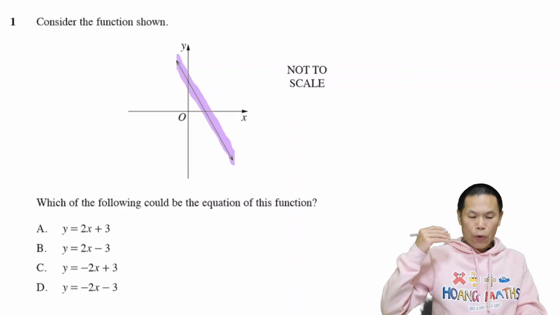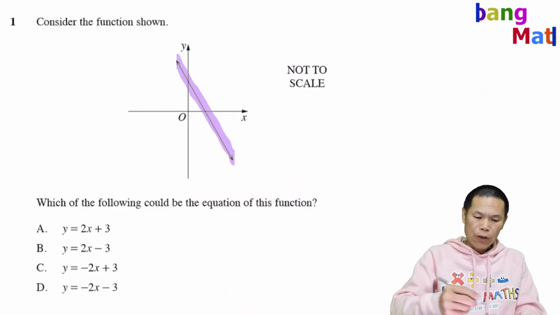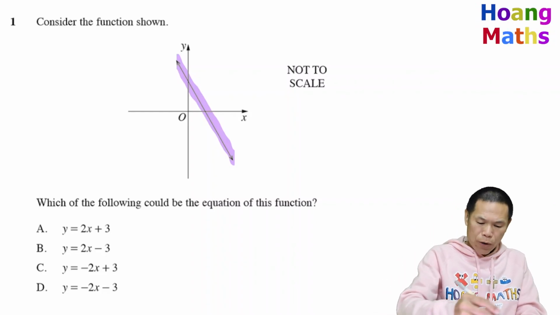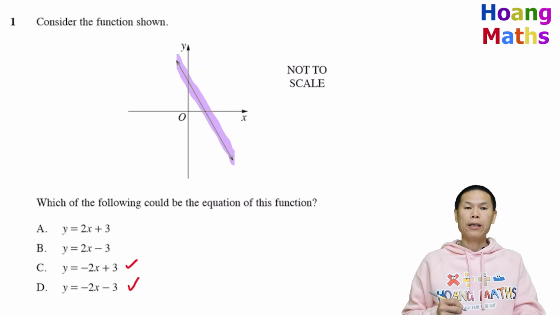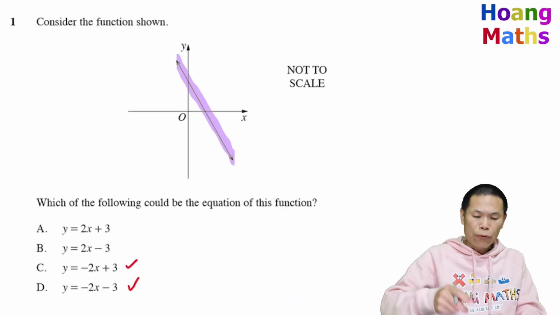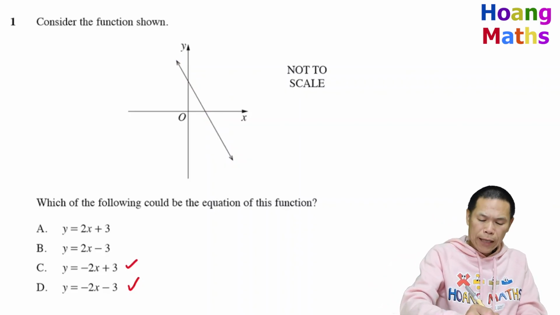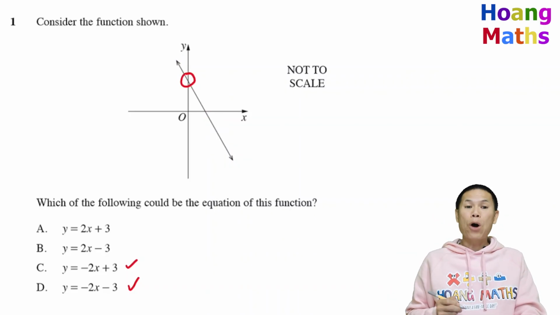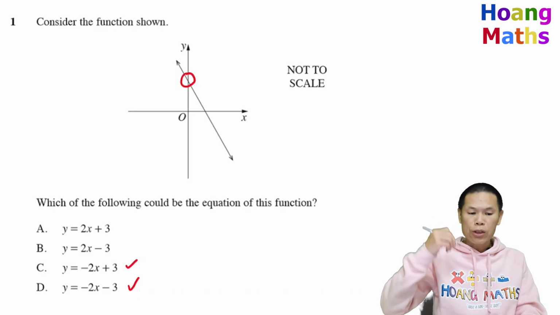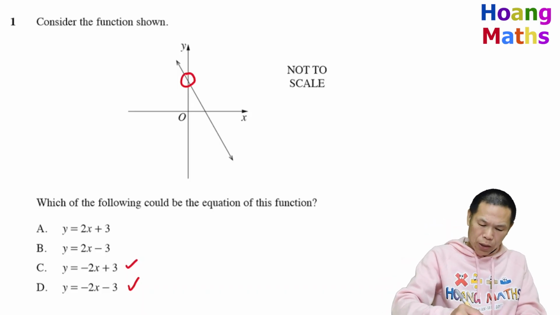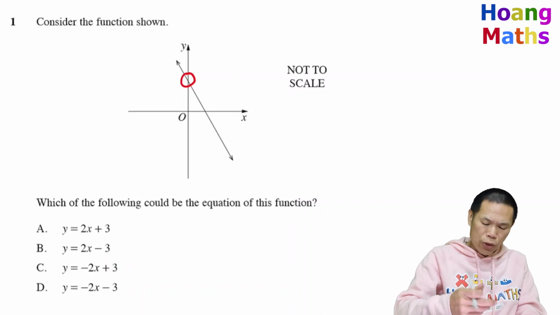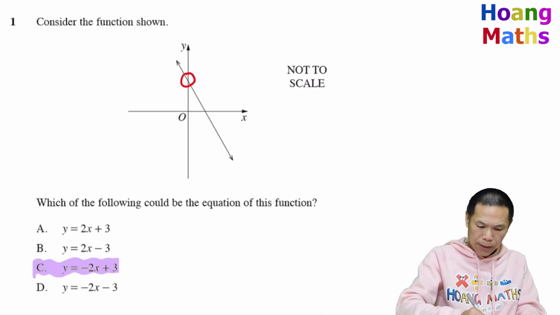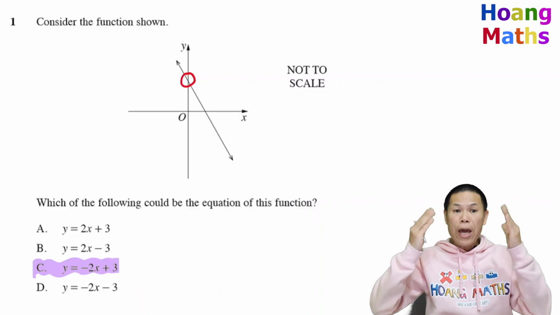So this means that we have a negative gradient, so the answer should be C or D. Then if we look further, the y-intercept is positive. So we have a positive y-intercept, so this is positive 3. Therefore, the answer should be C. There you go.